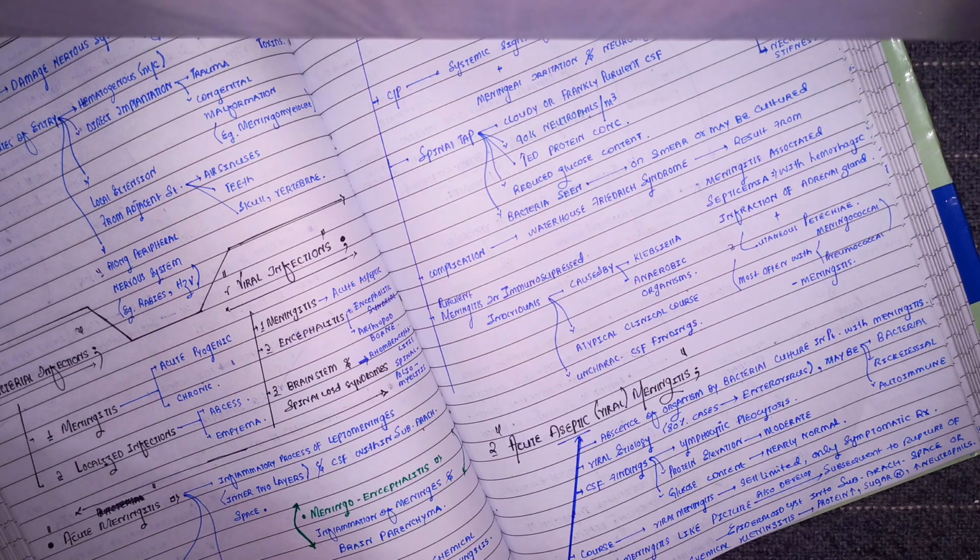You took your CSF out and studied it and you see there is no bacteria, then that type of meningitis is said to be aseptic, जिसमें माइक्रो ऑर्गेनिज्म पता नहीं है, जिसमें बैक्टीरियल ग्रोथ नहीं है. फिर वो वायरल भी हो सकती है, कुछ और भी हो सकता है, बट एटलीस्ट बैक्टीरिया नहीं है. दैट इज सेड टू बी द एसेप्टिक.